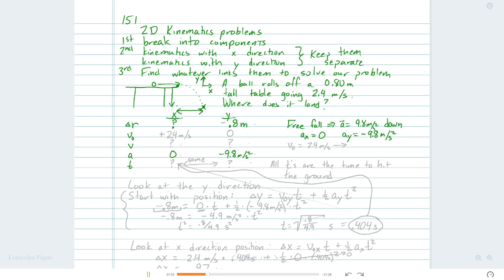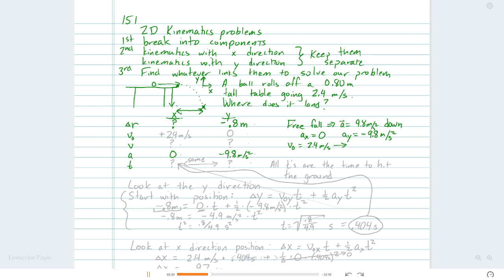Well, it's going down, and I picked up to be positive, so it's going to be negative 0.8 meters is my change in position in the y direction. Now, my initial velocity, I know, is going 2.4 meters per second. If I look in my picture, my initial velocity is going to the right.